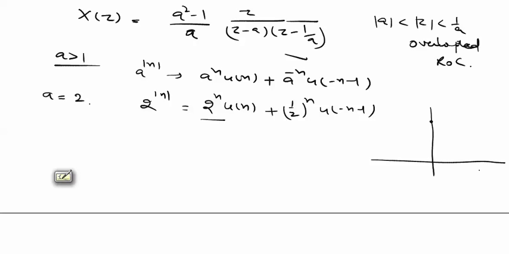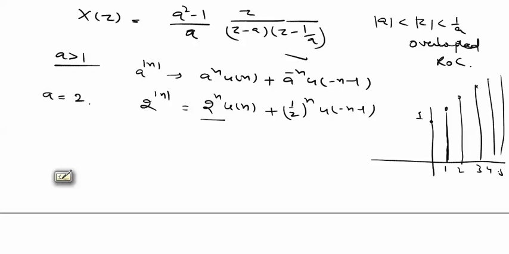If n equals 0 it is 1, if n equals 1 it is 2. This diagram is not scaled. It is 4, 8, 16 and so on. In negative also, minus 1, it is 2, 4, 8, 16 and so on.